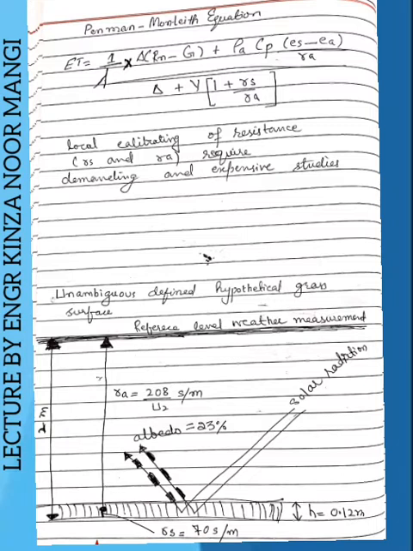So what happened is that the Food and Agriculture Organization made some amendment to the Penman-Monteith equation, because these resistances are difficult to find for departments which have expense issues and lack equipment availability.